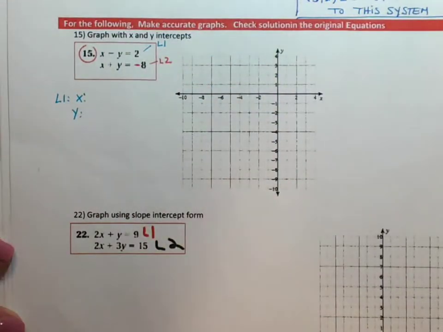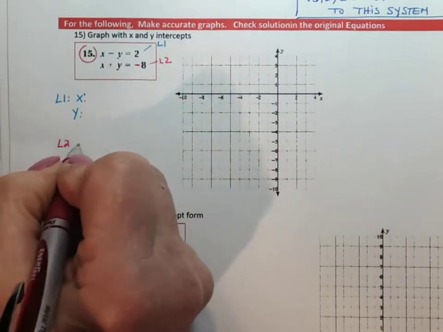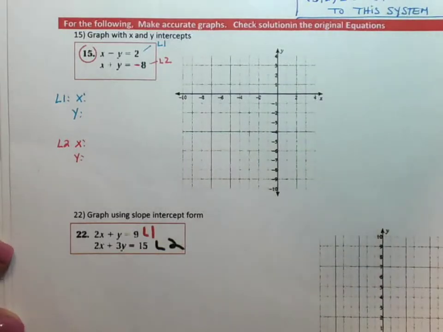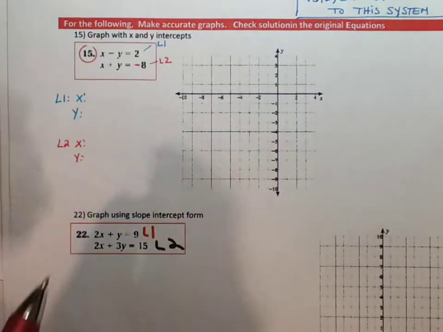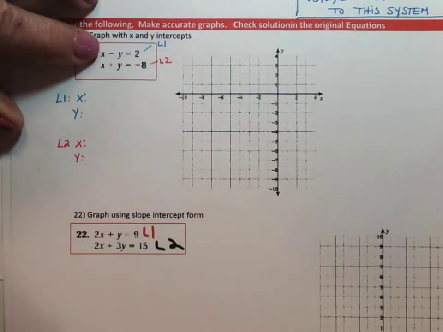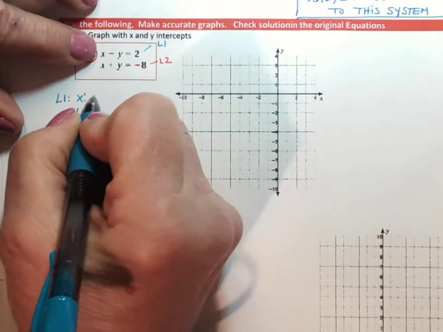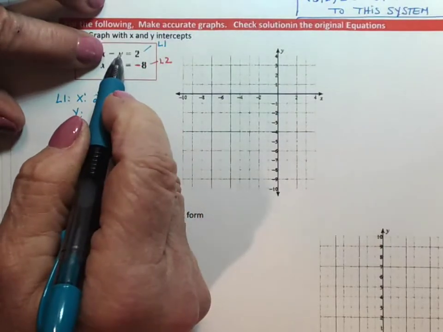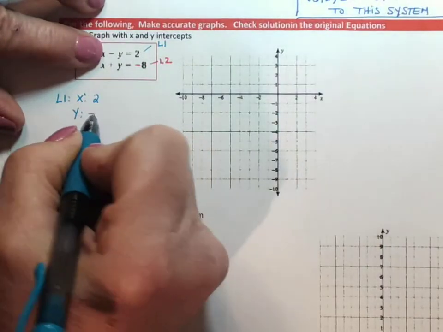That should be negative. And so for line 2, you want to find the x and y intercepts. The x-intercept for line 1 is going to be 2. The y-intercept for line 1 is going to be negative 2.